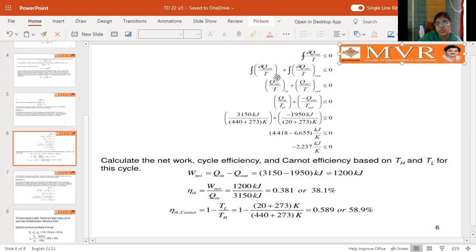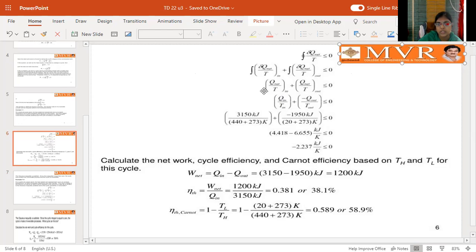So first of all we apply the integral, on the two sides, because we can take in and out. So del Q net by T in plus del Q net by T out is less than or equal to 0. With the integration, we get only Q net by T in plus Q net by T out less than or equal to 0. Just remove the del by adding the integration.